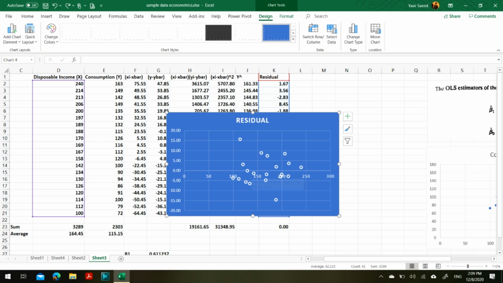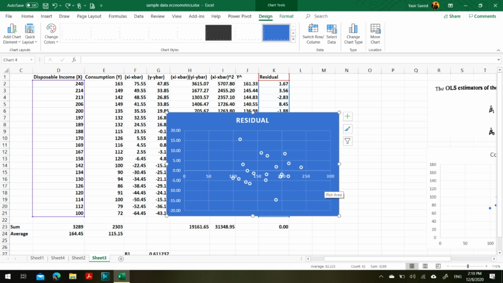And the residuals will lie above and below the mean value, again in such an order that when you sum up all of these residuals, you will get a sum equal to 0, and that is what we have discussed a little while ago, that the summation of the residual term is always equal to 0.